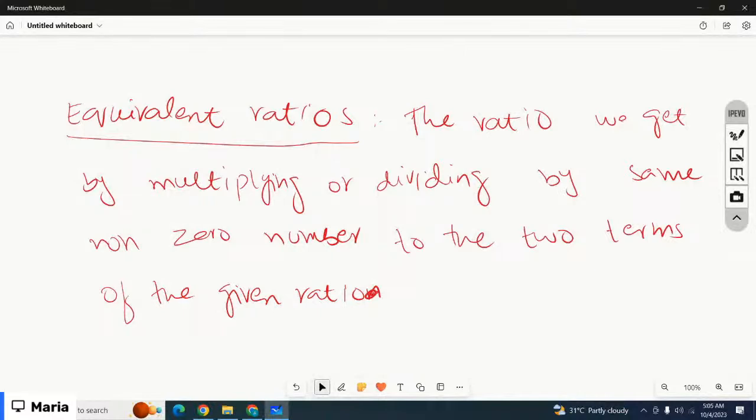If you are multiplying or dividing a ratio by the same non-zero number, then the two terms form equivalent ratios.